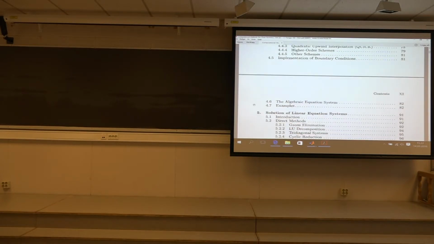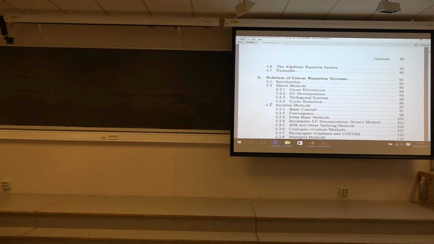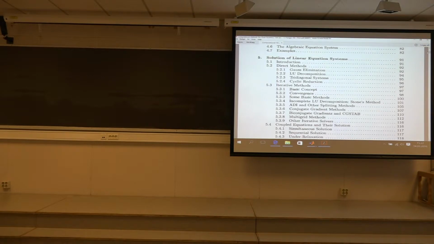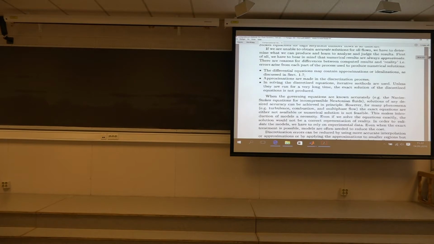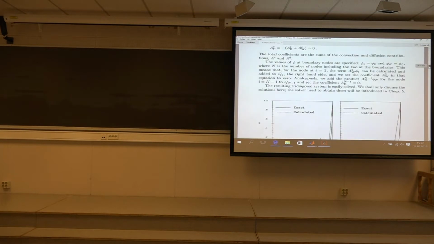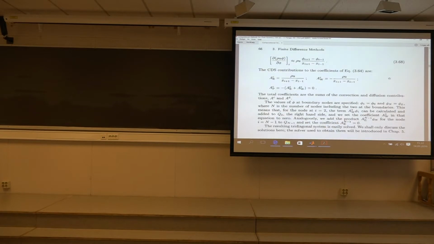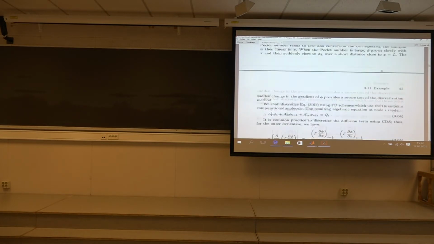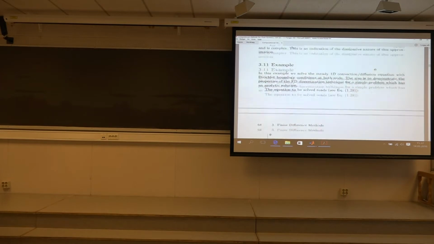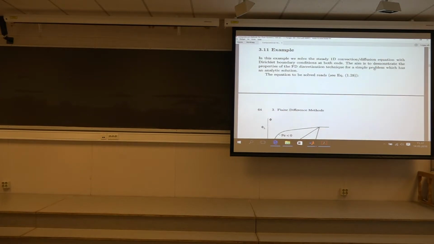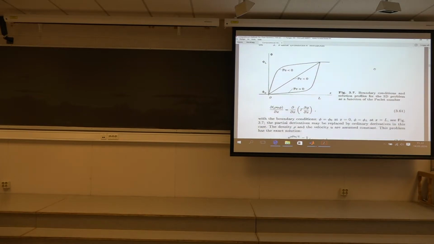So the example we find in 4.7 is just as adequate as for finite difference. Let's see if we can find the first one. Here it is, Example 3.11. So I will start with this one.